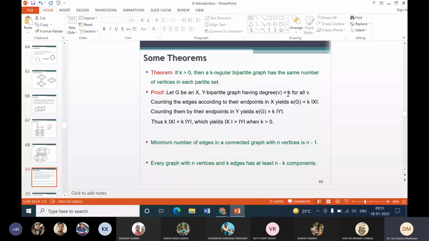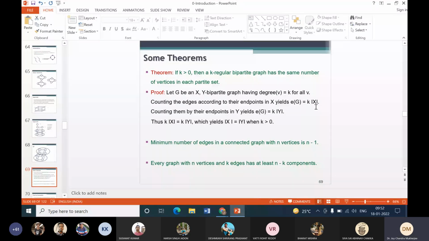Now if we count the edges according to the endpoints in X, then the number of edges is k times mod X. Mod X is the number of vertices in partite X, and each vertex has degree k, so k times mod X is the total number of edges.